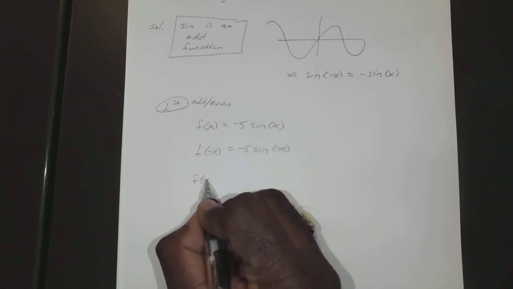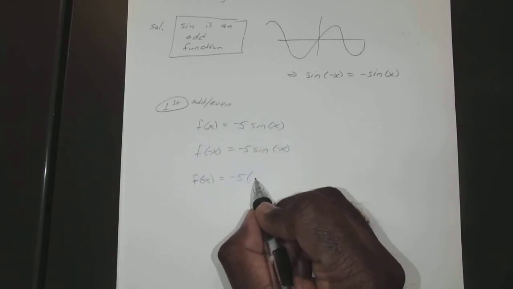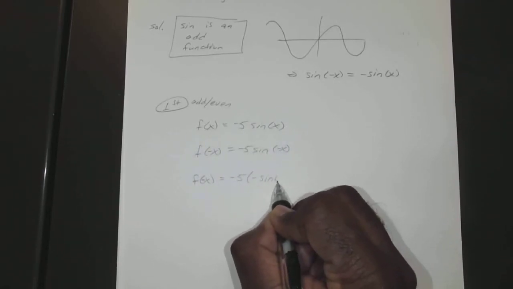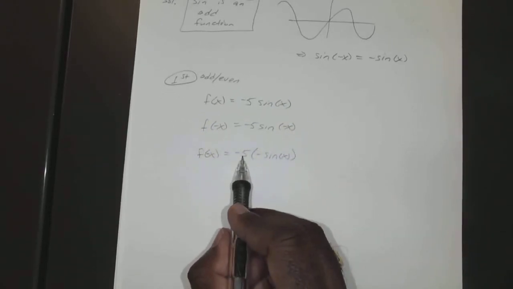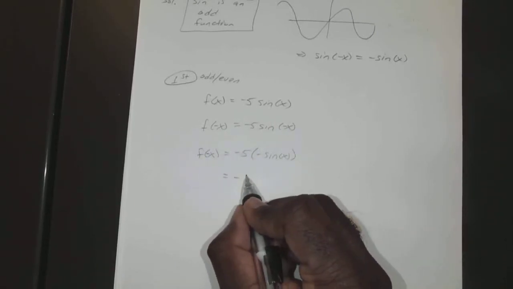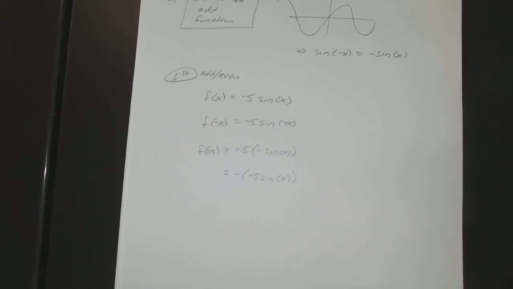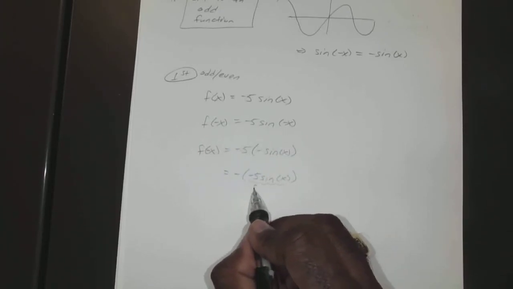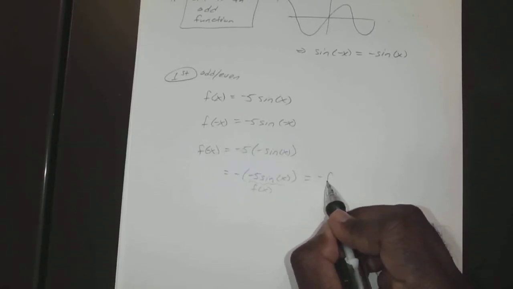So f of -x equals -5 times negative sine of x. We can bring that negative out, and that's going to equal negative of -5 sine of x, which is just our f of x. So it's equal to negative f of x.